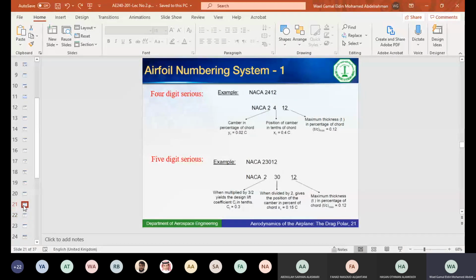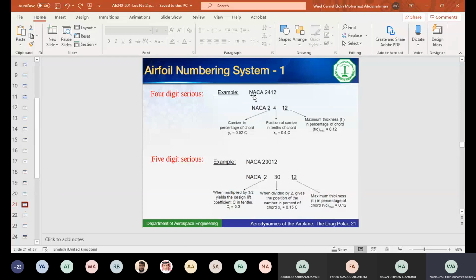So we have some families, and each family, just by looking at it, I can determine a lot of information about that airfoil. For example, when you say CX 2.7, that tells you that the engine size is 2.7 liters. The same goes for airfoils.